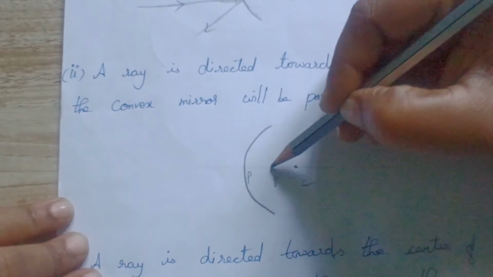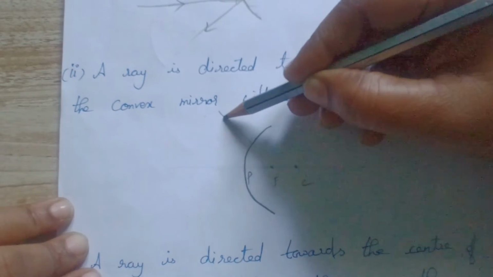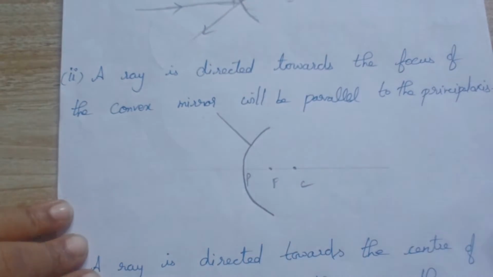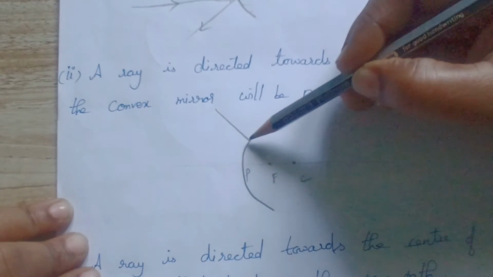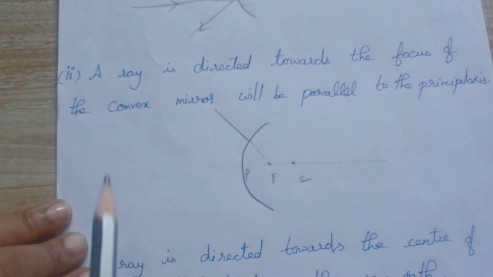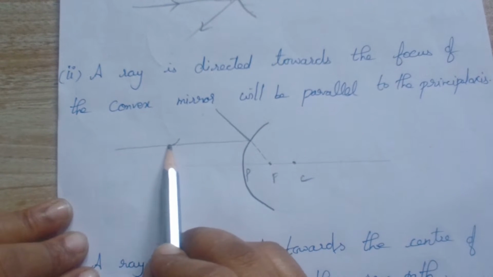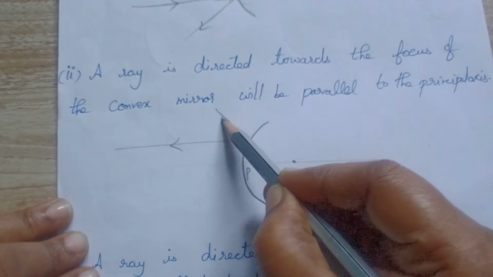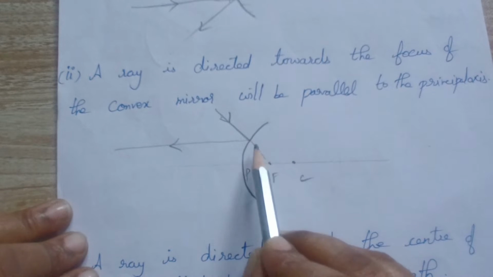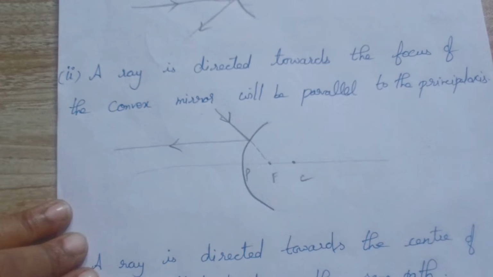When a ray is incident like this, directed towards the focal point, it is reflected back parallel to the principal axis. So it strikes the mirror in this direction, towards the focus point, and is reflected back parallel to the principal axis. Clear?